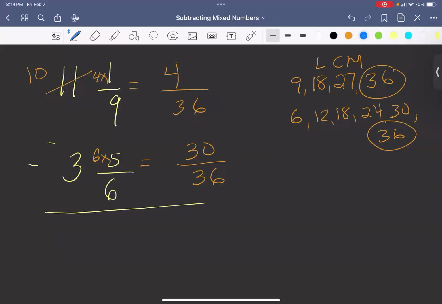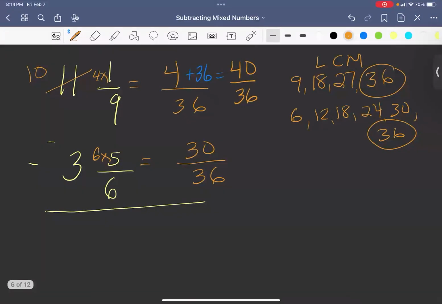So it's going to be 4 plus 36. So now the new numerator is going to be 40, and we keep the same denominator. And we did that so that we would be able to subtract 30 over 36 from 40 over 36.